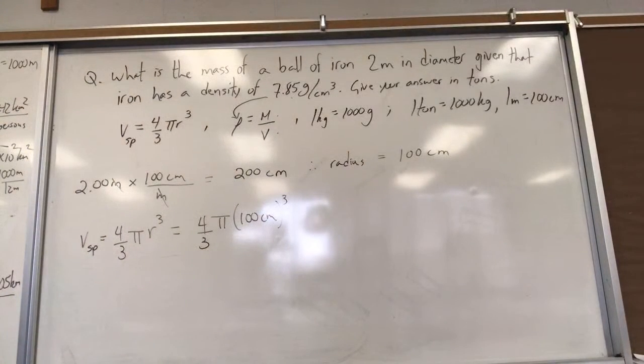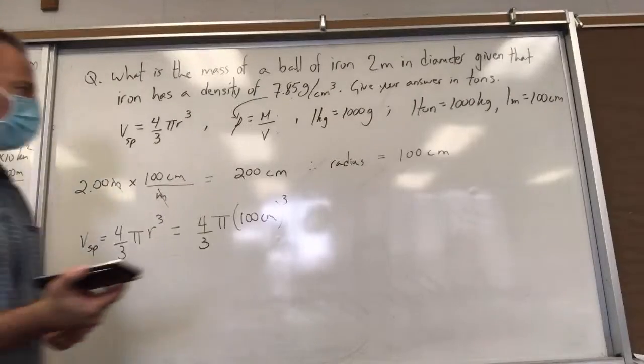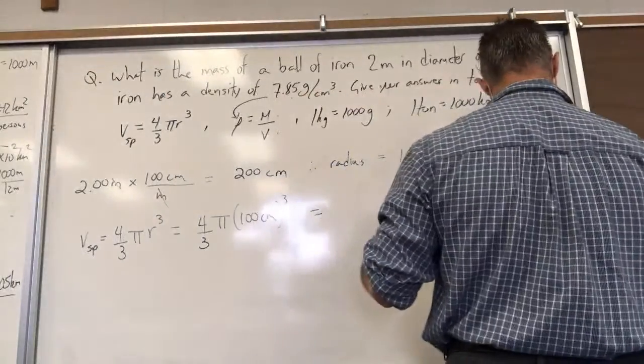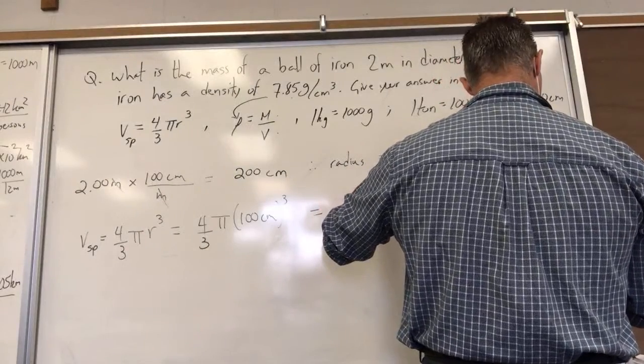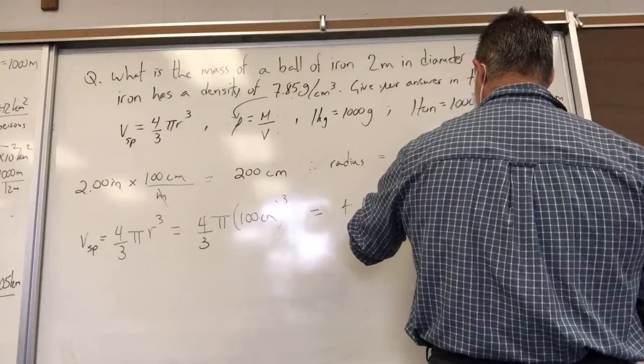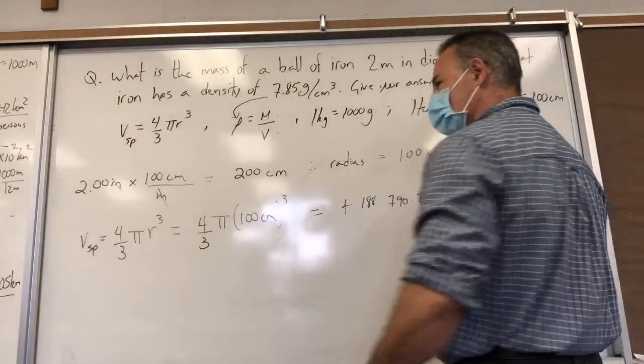All right, so 100, second function, x to the power of 3, times pi times 4 divided by 3. And what you get is 4,188,790.20 centimeters cubed.